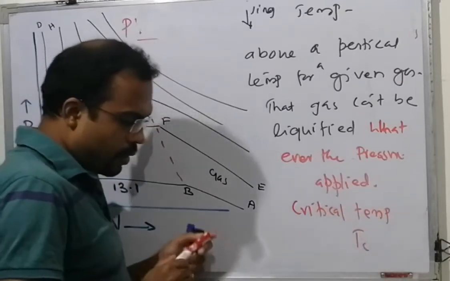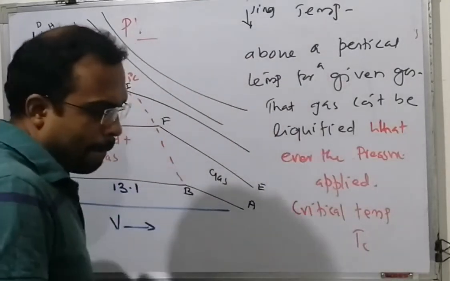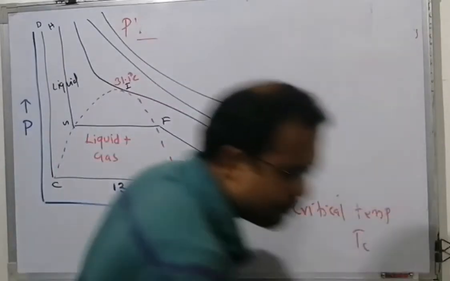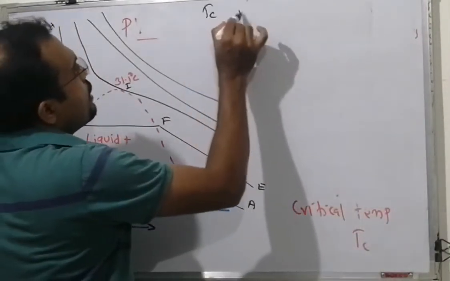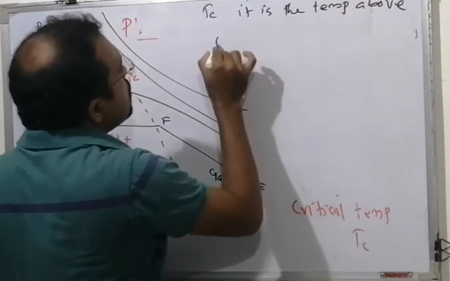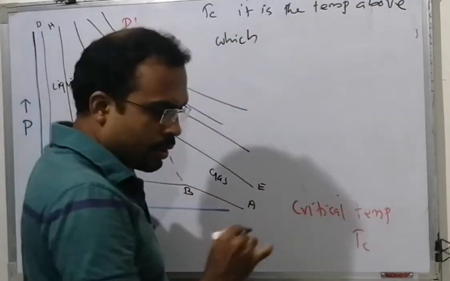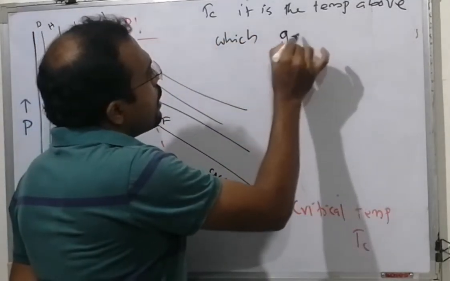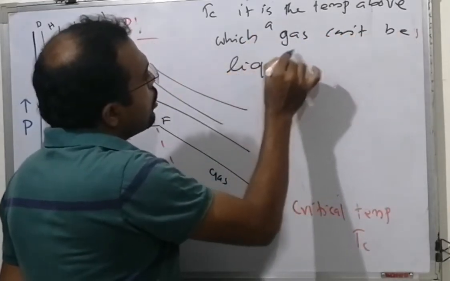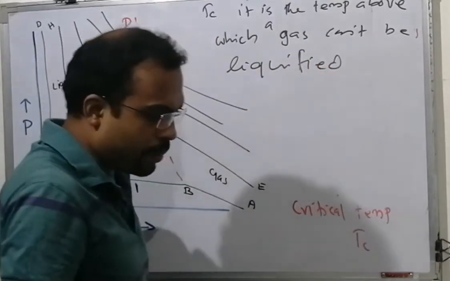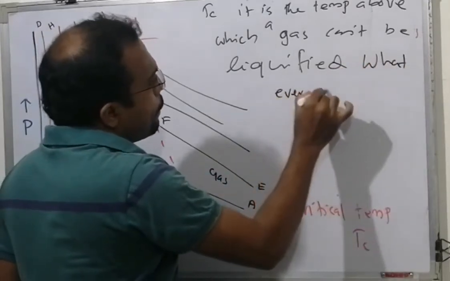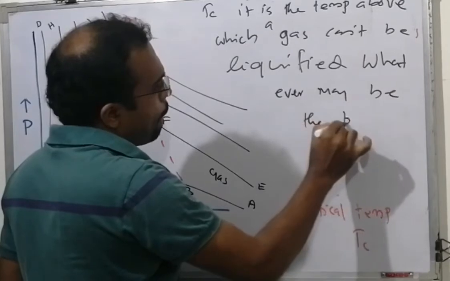TC. What is TC? TC is the temperature above which a gas cannot be liquefied, whatever may be the pressure applied.